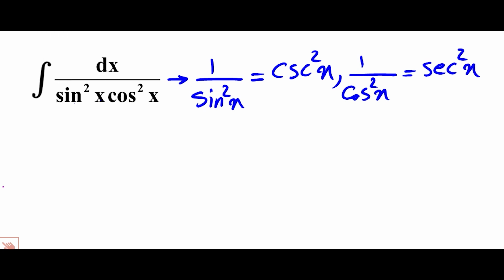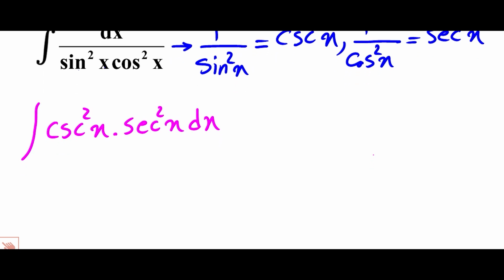So we have the integral of 1 over sine squared x, which equals cosecant squared x, times 1 over cosine squared x, which equals secant squared x dx.